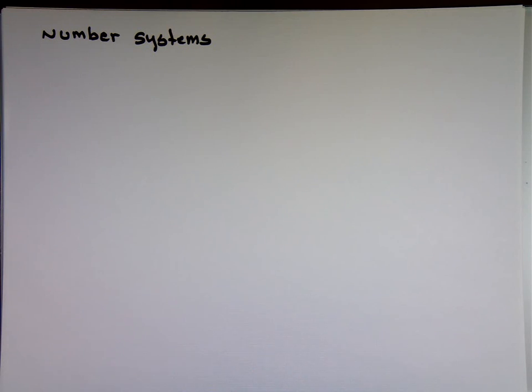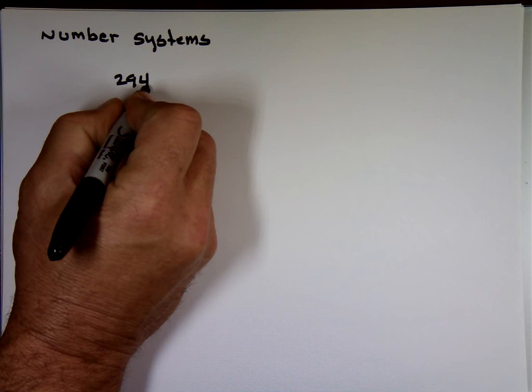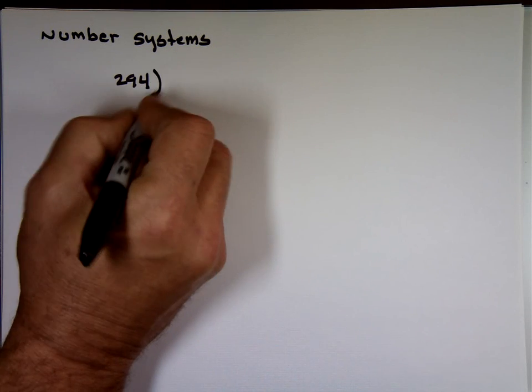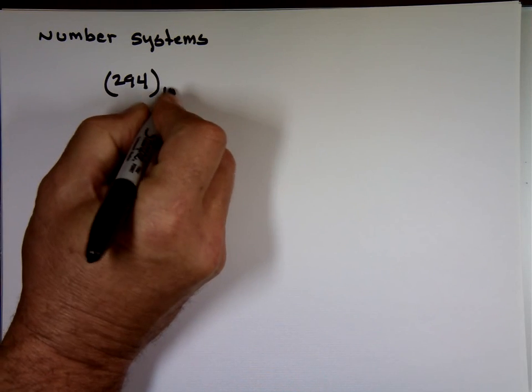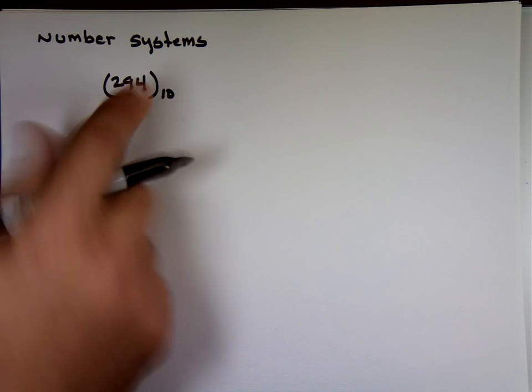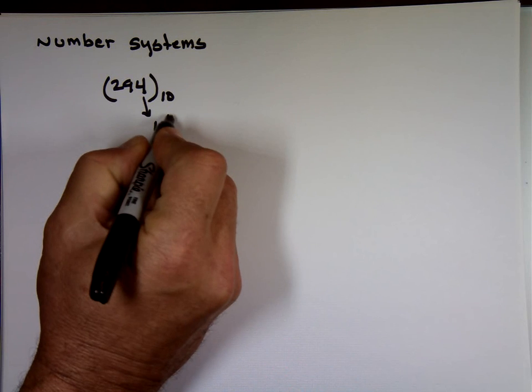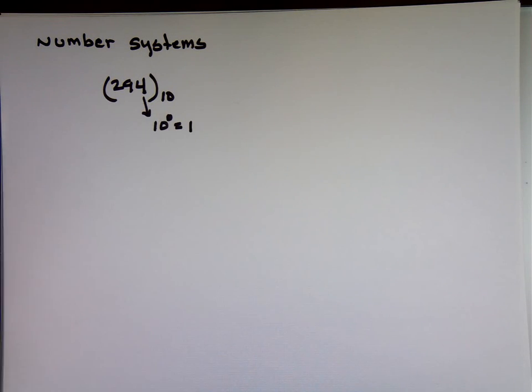Now, you and I, we use base 10. That's what we use. So when you write a number, 294, that's actually base 10. The weight of this location is 10 to the 0, which is what? 1.